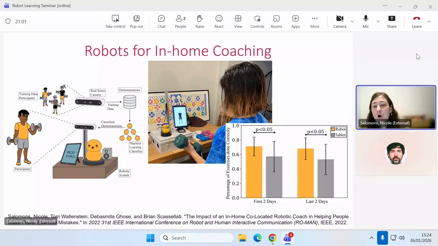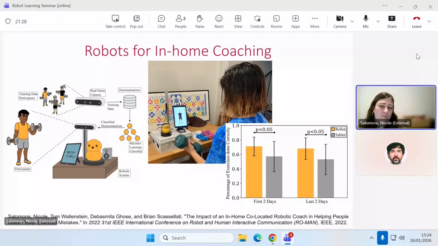The robot was there to observe while the person exercised, detect when they were making any sort of mistake during the exercise, and then provide personalized feedback. So the robot really needed to have a camera system, understand what the user was doing, what type of exercise they were doing, when they completed a rep, and then taking that rep and detecting whether there was a mistake that occurred.